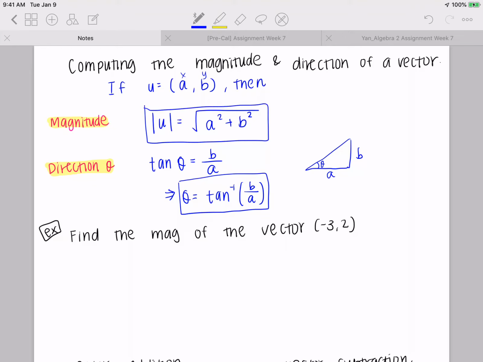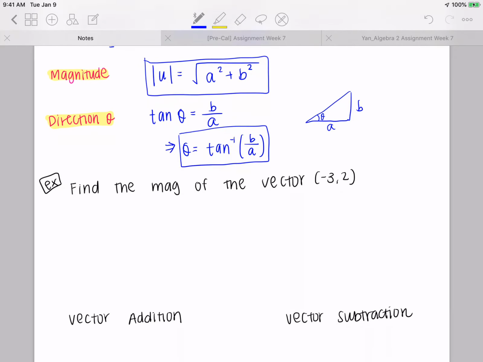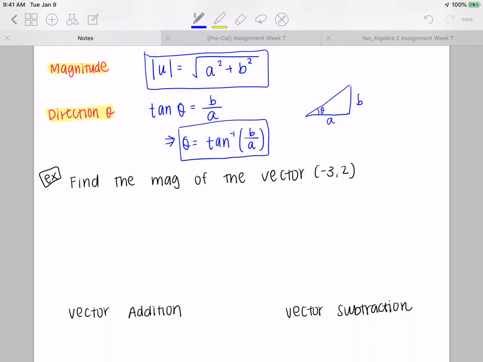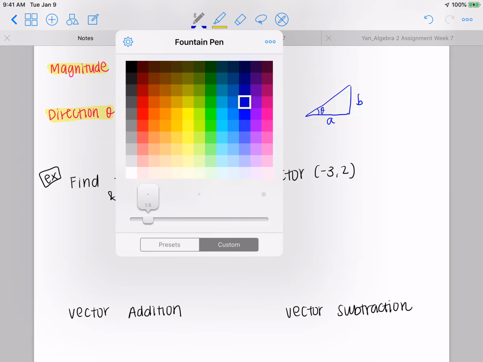So let's try to do an example. Find the magnitude and the direction of the vector negative 3 comma 2. Let's follow the formula above to find our magnitude.